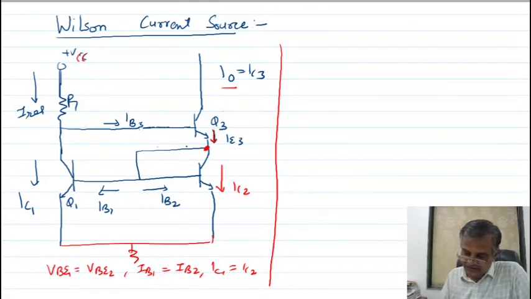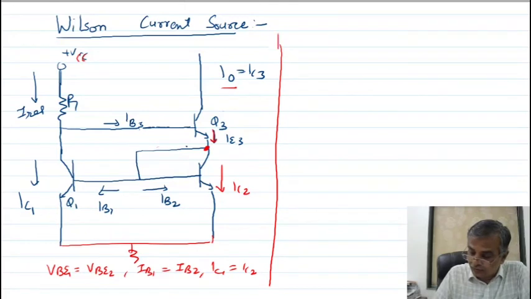For Q3 I can write your ammeter current is equal to base current plus collector current.